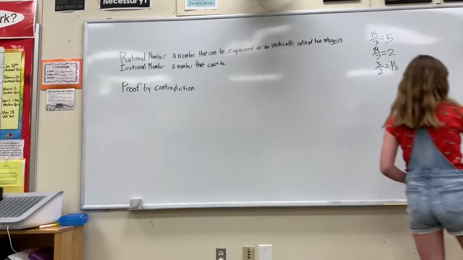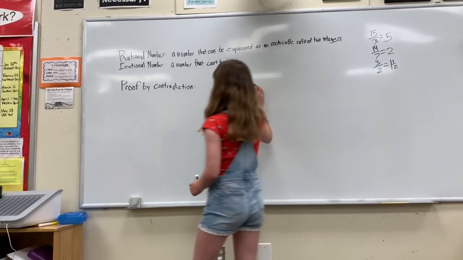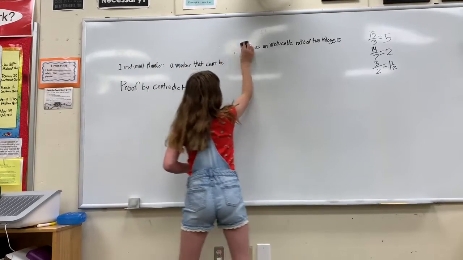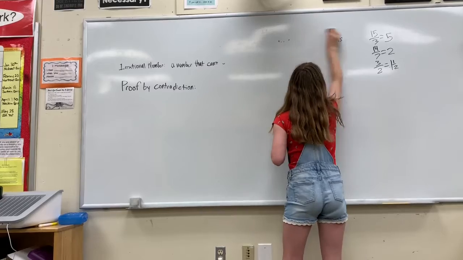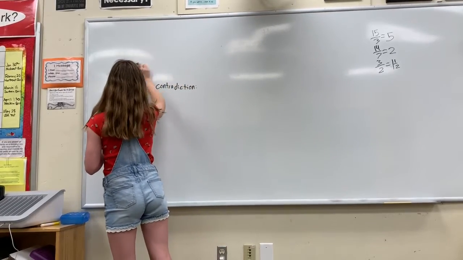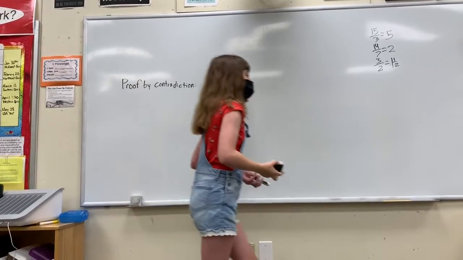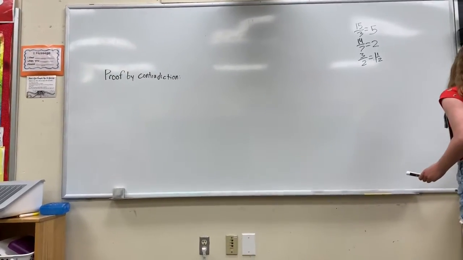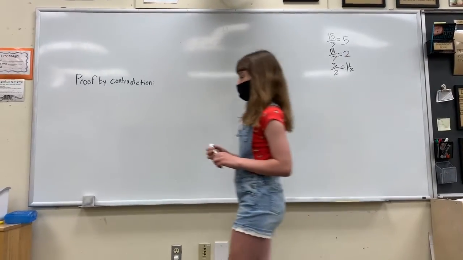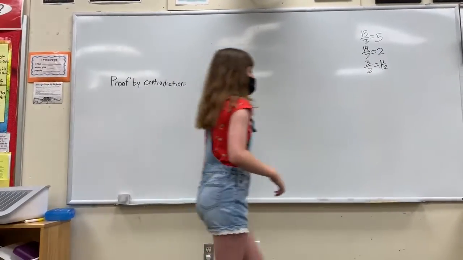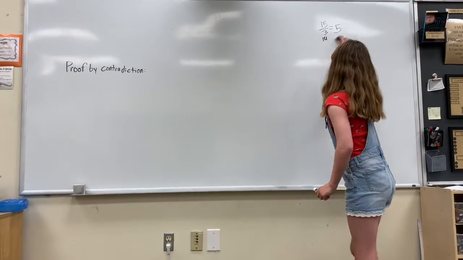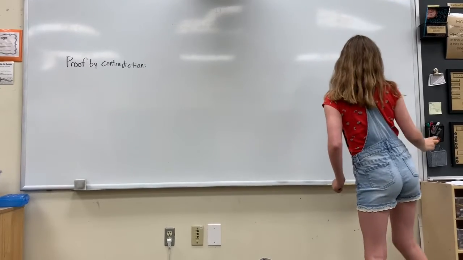So, now that we know what rational numbers and irrational numbers are, I guess we should get on to explaining why the square root of 2 is an irrational number.